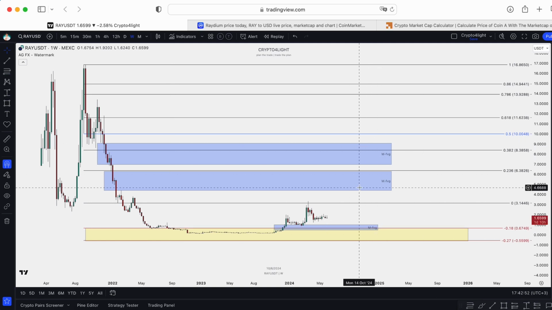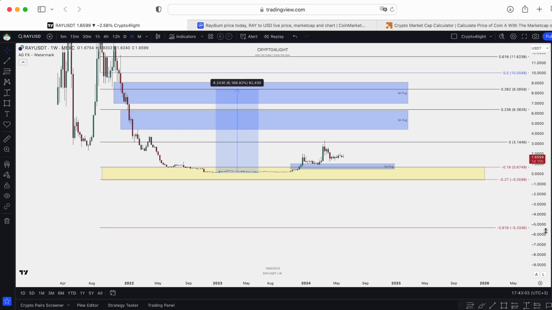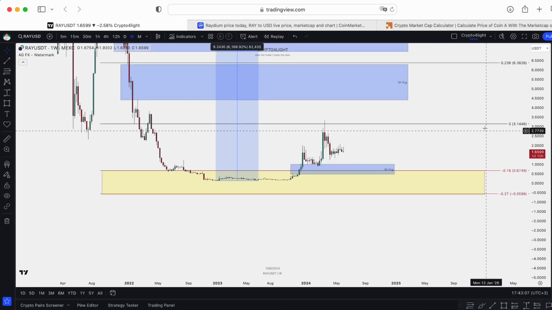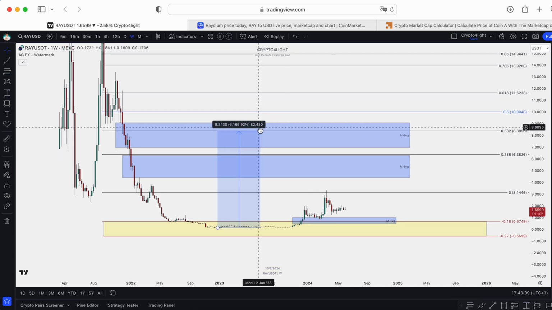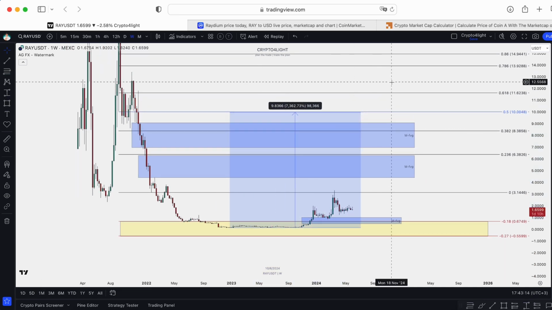That's why these two monthly gaps are like a magnet for the market makers. If we use the magnet from the lowest point, this one, to, let's mark. Yes, it was the all-time low. So if we use this one to the 0.5 level by Fib, it's going to be 7,300% gains.